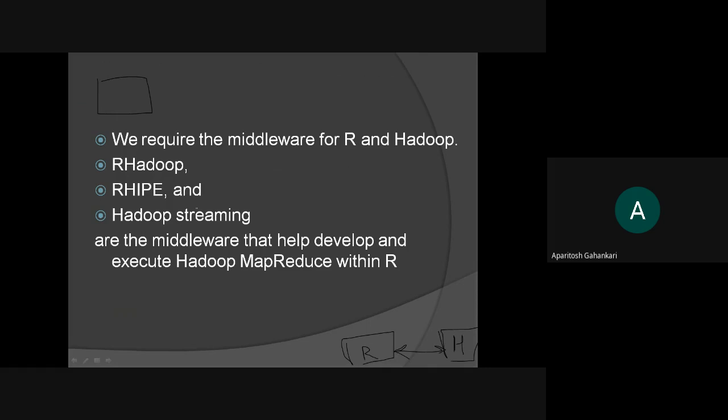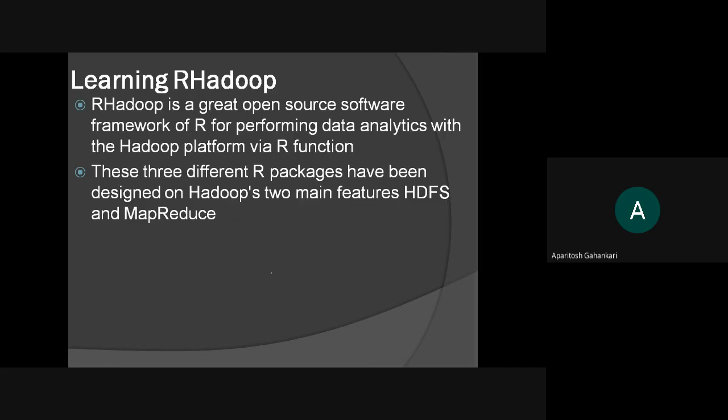So these are the middleware, that is R-Hadoop, RHIPE and Hadoop streaming. Okay, all these are the middleware that are developed within R. So the first one is R-Hadoop. R-Hadoop is an open source software framework.